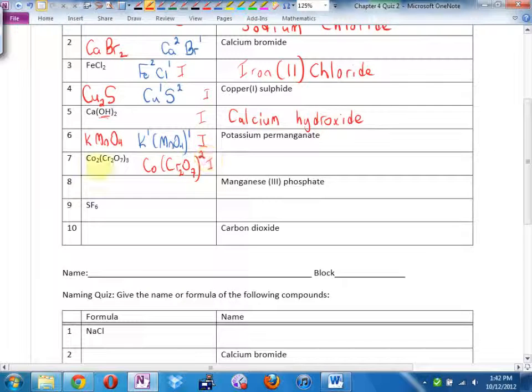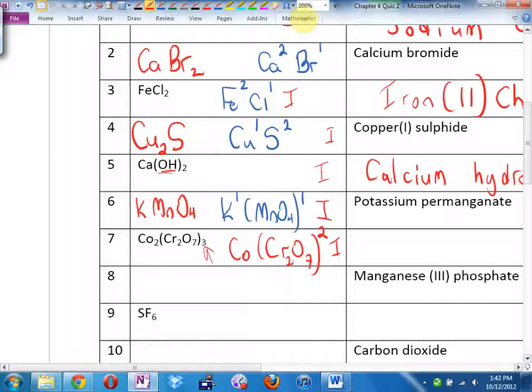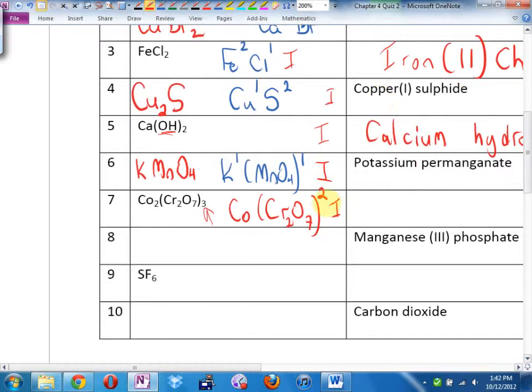Now, how many cobalts did they put? Oh, there's 3 of them. Yes? Yeah, 3 of these. So, although one of them is 2 negative, what's 3 of them? If one dichromate is a 2 negative and I have 3 dichromates, what is the actual charge I'm going to put up here?